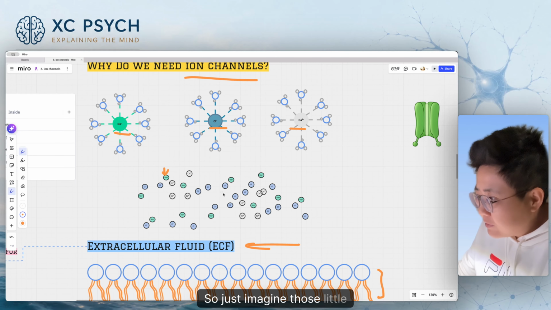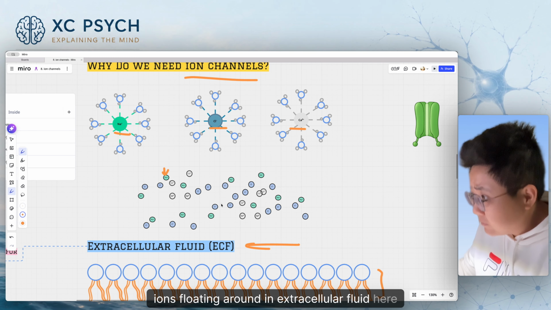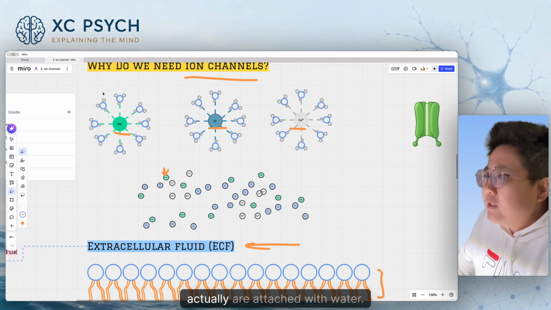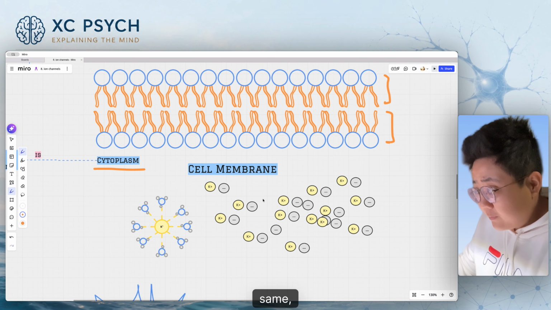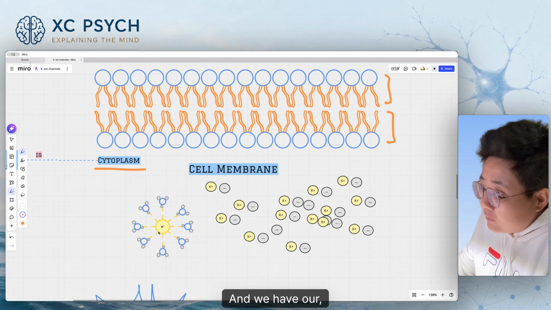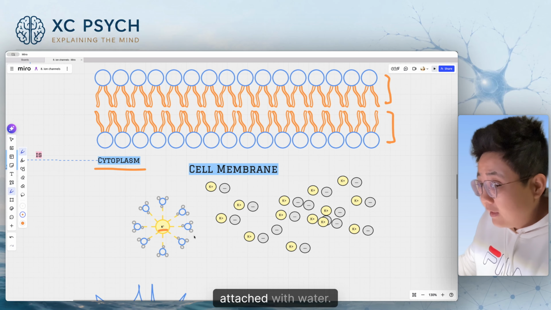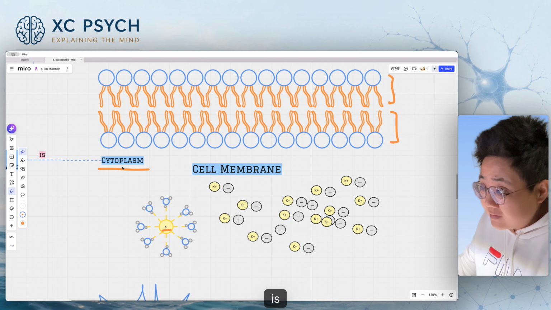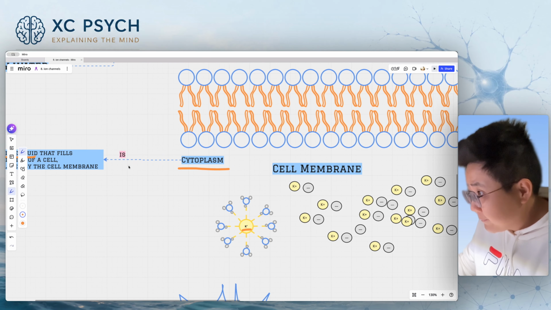So just imagine those little ions floating around in the extracellular fluid are actually attached with water. Inside, same, we have our negative protein, right? And we have our potassium. And potassium is also attached with water. Remember, it's gel-like fluid. Fluid means water.